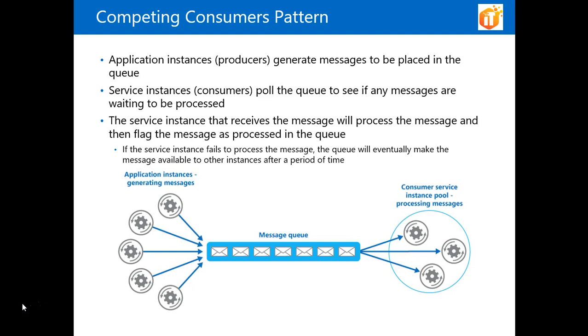Rather than process each request synchronously, a common technique is for the application to pass them through a messaging system to another service, a consumer service that handles them asynchronously. This strategy helps to ensure that the business logic in the application isn't blocked while the requests are being processed.